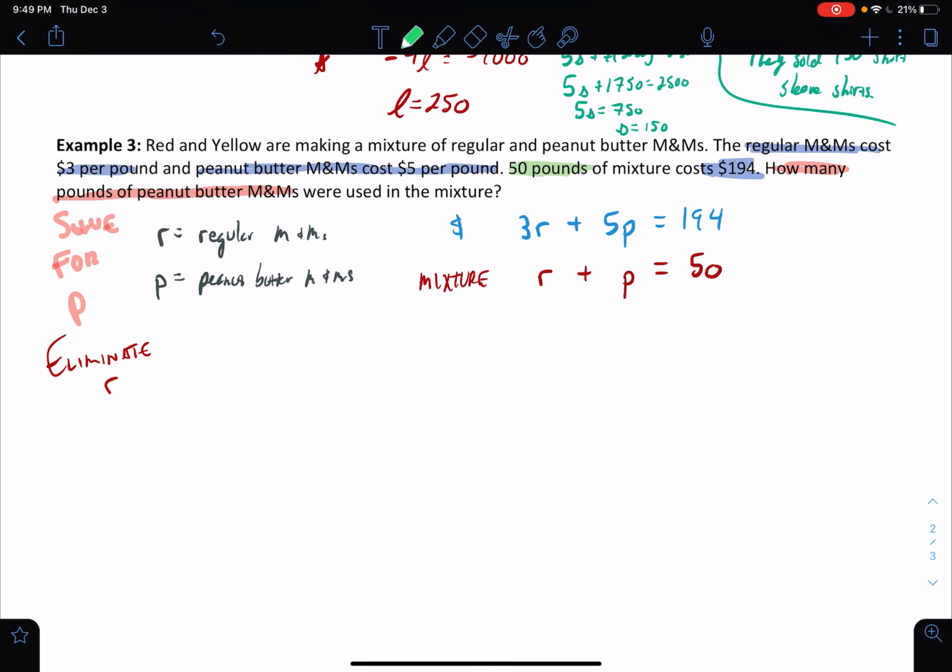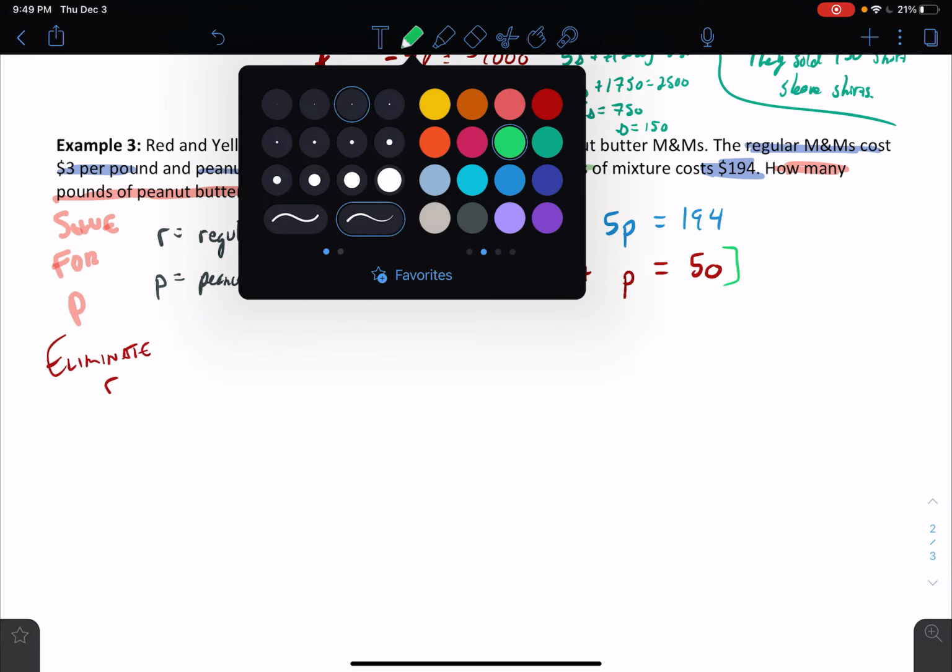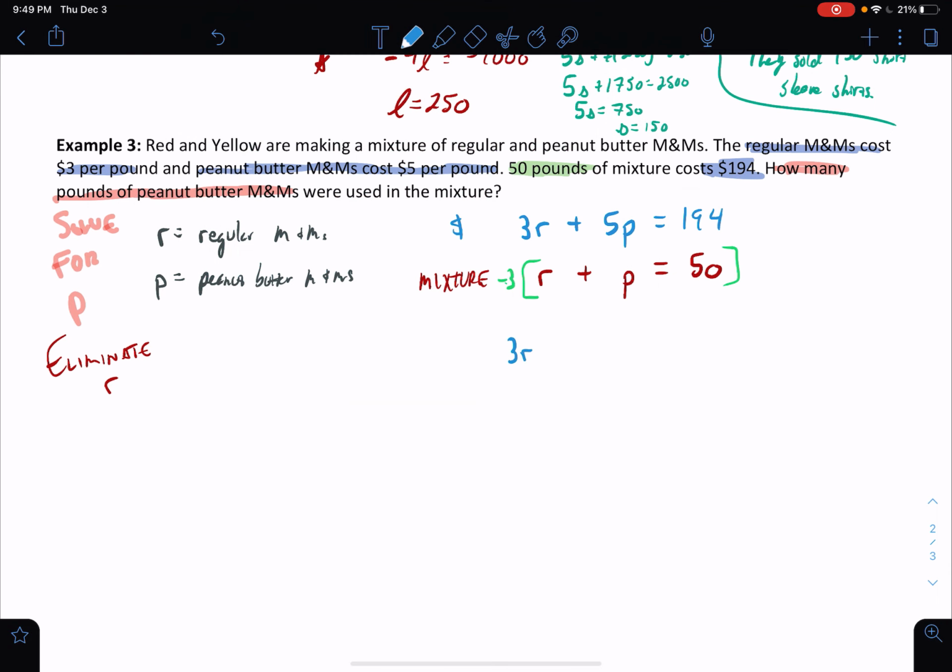Well, the top equation has 3R. Bottom equation is just R. So let's multiply the entire bottom equation by -3. The top equation gets to stay as is. 3R plus 5P equals 194. Bottom equation, after I multiply it all by -3, after I manipulate that equation, it's going to become -3R minus 3P equals -150.